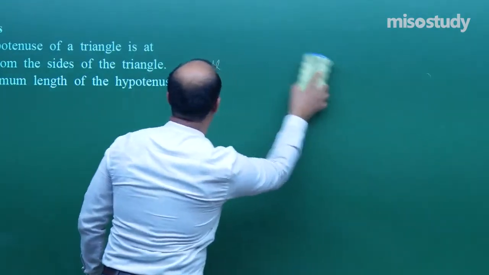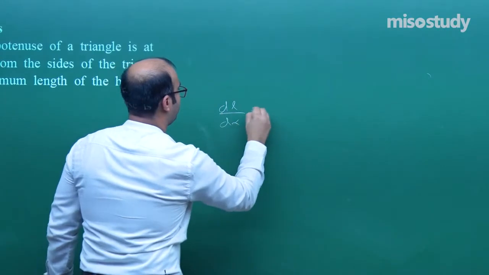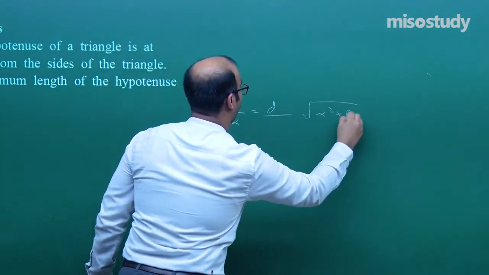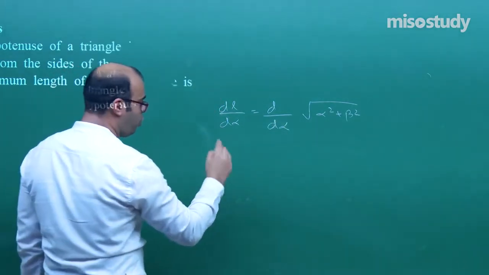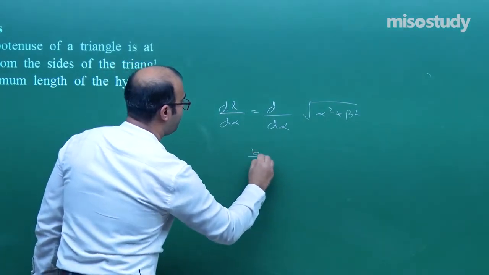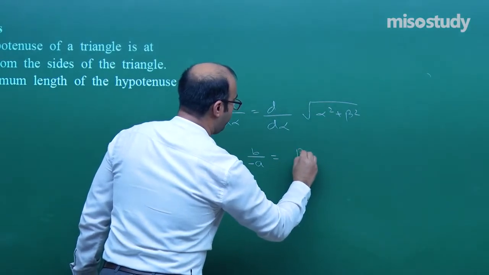Let us recap quickly. dl by d alpha, which we are doing, is actually the differentiation of root over alpha square plus beta square with respect to alpha, as you remember. And we also found out the relation between beta and alpha.